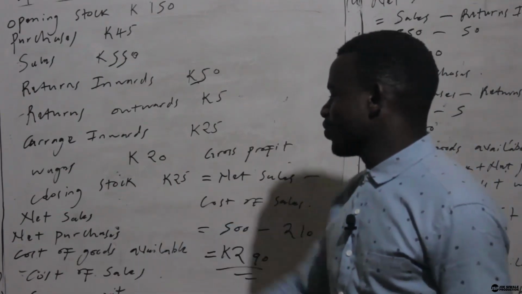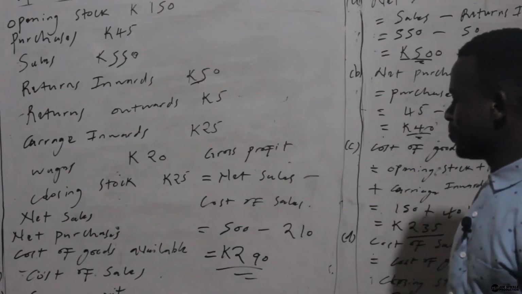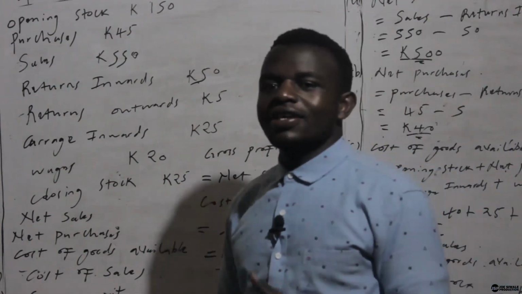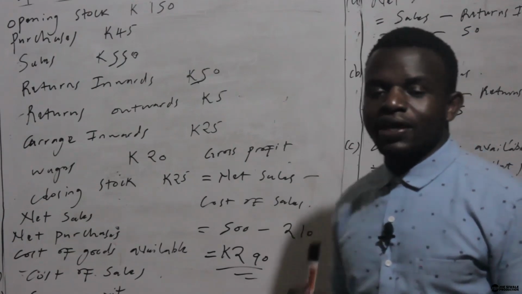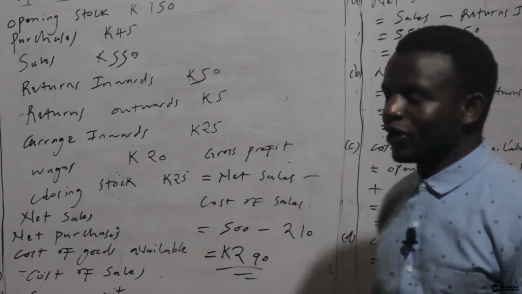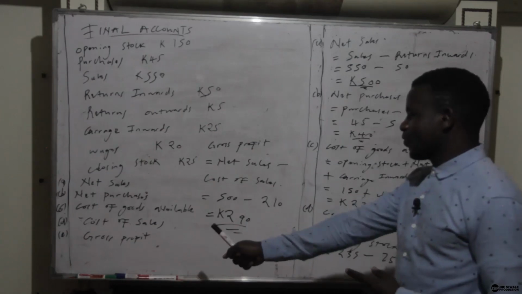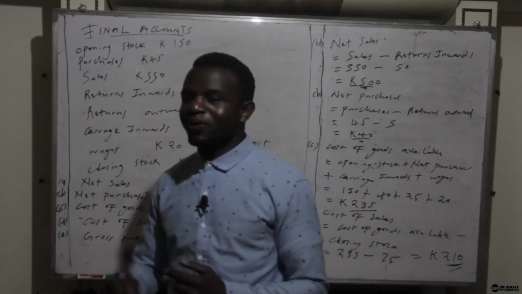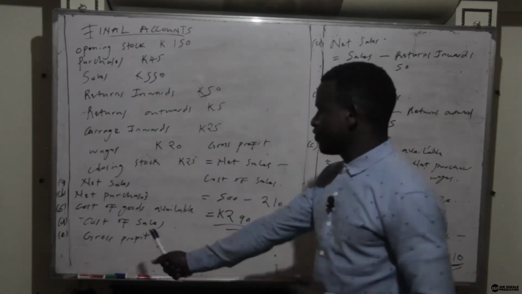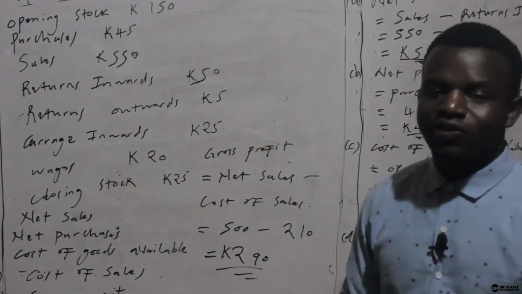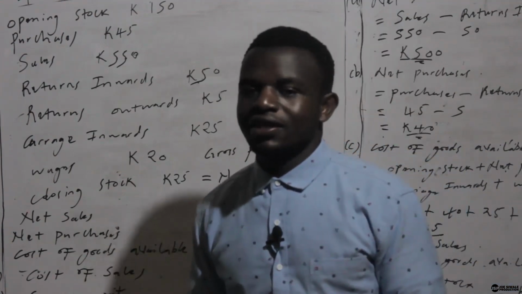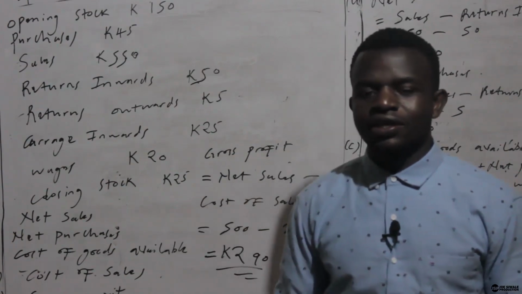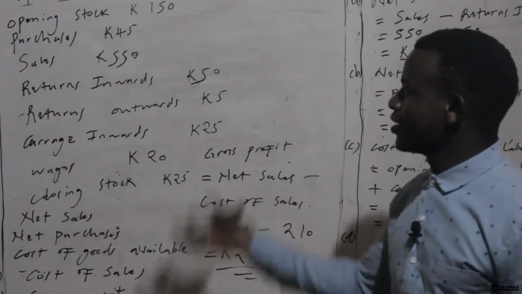Then for cost of goods available, the formula is opening stock plus net purchases plus carriage inwards plus wages. Then for cost of sales is cost of goods available minus closing stock. Then for gross profit the formula is net sales minus cost of sales. So that's how you can find this question.